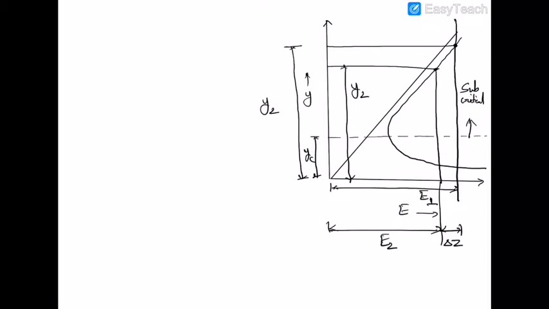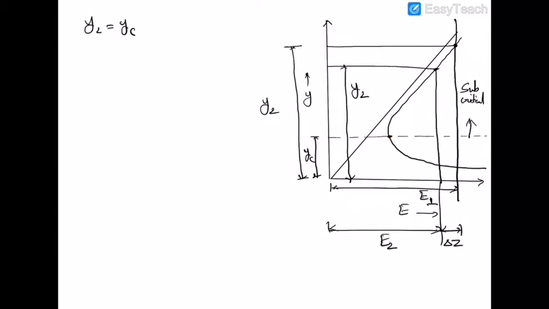Now what will happen if we further increase the height of the hump? If we further increase the height of the hump, then the specific energy will further decrease and the depth of flow will go on decreasing. The minimum depth is reached when y2 becomes yc, means we are talking about this point.